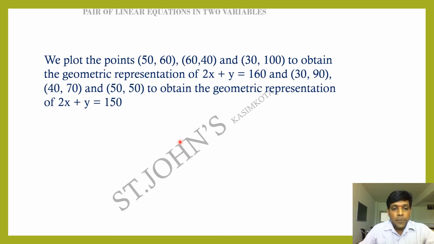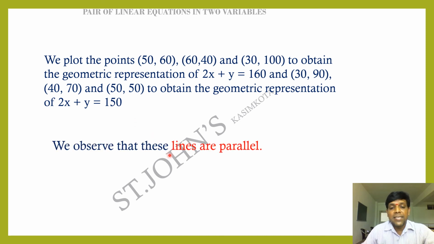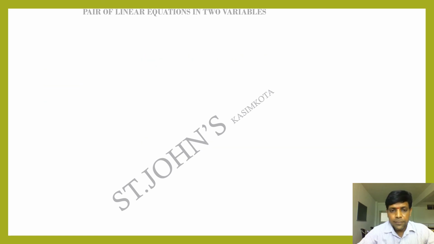We plot the points (50, 60), (60, 40), and (30, 100) to obtain the geometric representation of 2x plus y equals 160, and (30, 90), (40, 70), and (50, 50) to obtain the geometric representation of 2x plus y equals 150. We observe that these lines are parallel. Okay, now the home assignment.